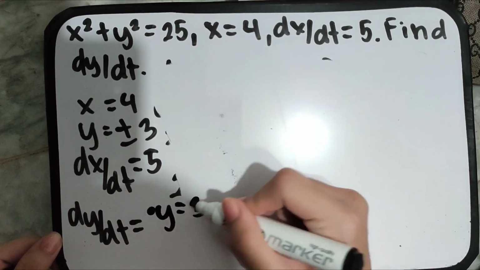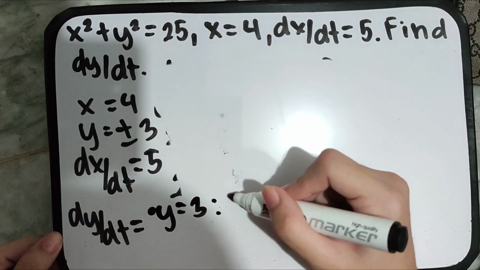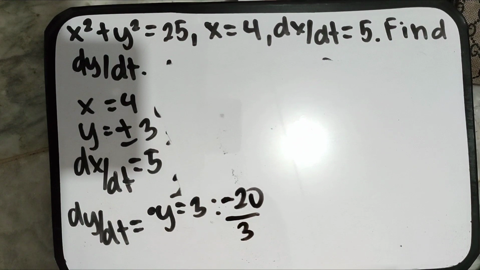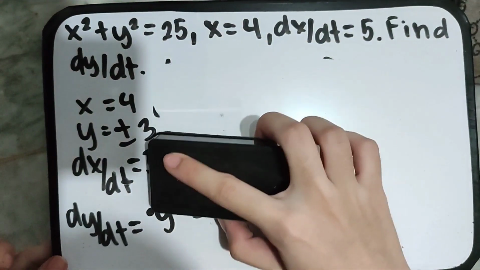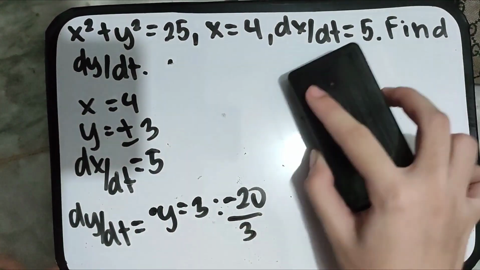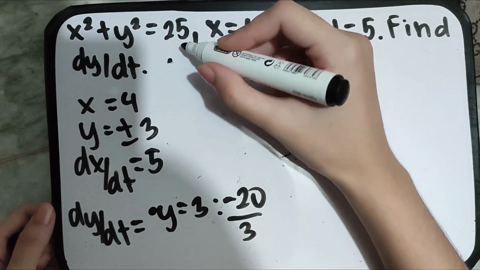So if y is equal to 3, then it will be negative 20 over 3. Now let's try to find the dy over dt of negative 3. So this time our y is negative.